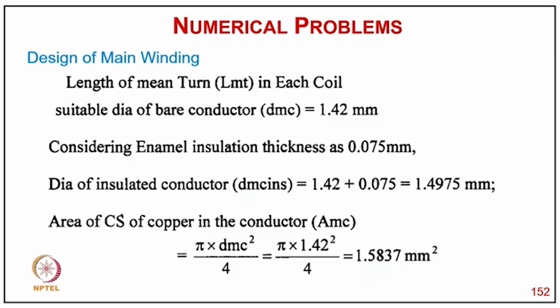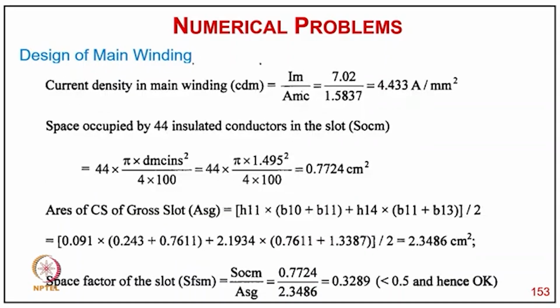So the suitable bare diameter for the main winding is 1.42 millimeter, and considering enamel insulation of 0.075 millimeter, the diameter of the insulated conductor is 1.497 millimeter, and the area of cross section of copper in the conductor is pi dmc square by 4, which comes to 1.5837 millimeter square.